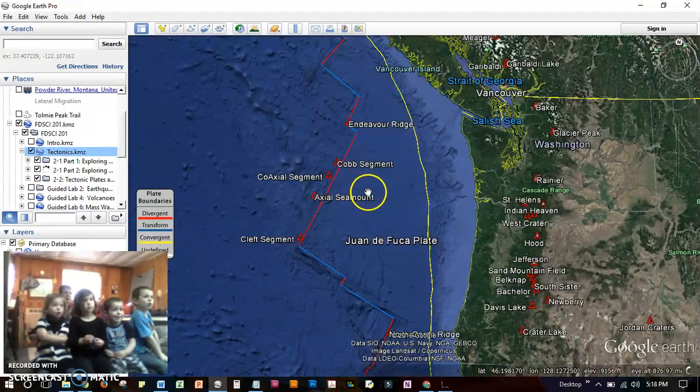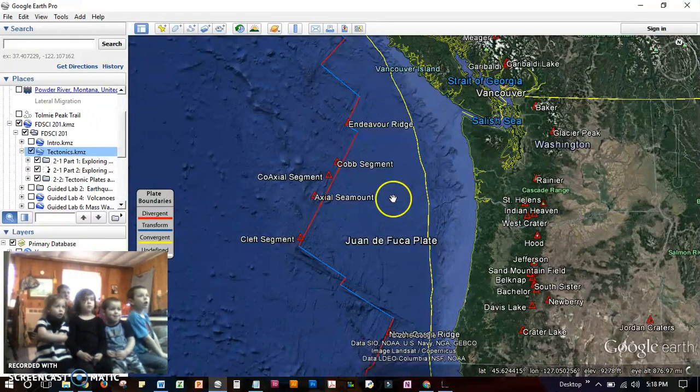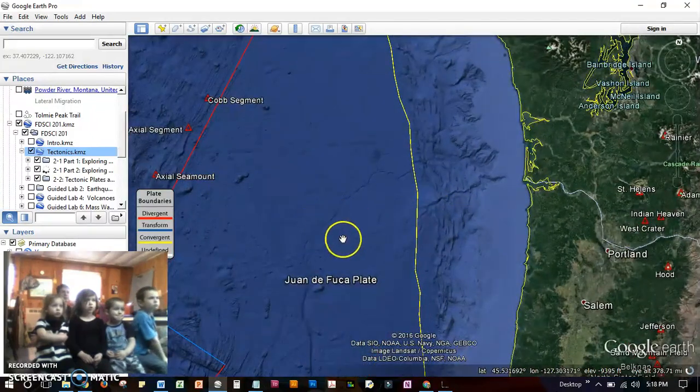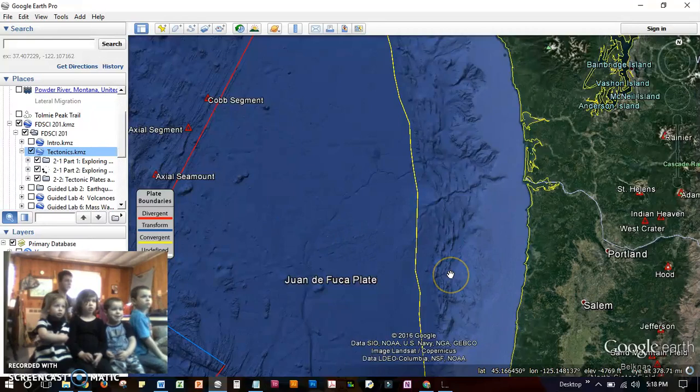But look, this one here is moving this way, and the North American plate right here is moving this way. What's happening right here? This one is moving this way, and this one's moving this way. What happens if two cars drive right towards each other and don't stop? They would crash.